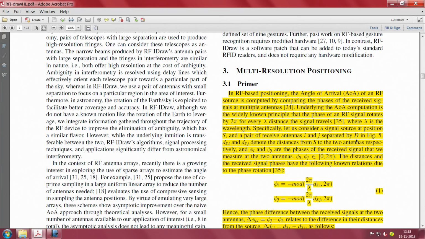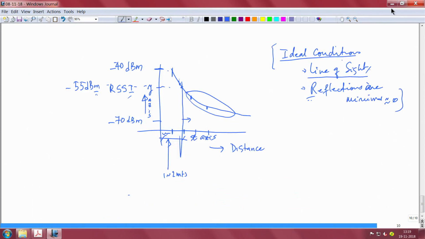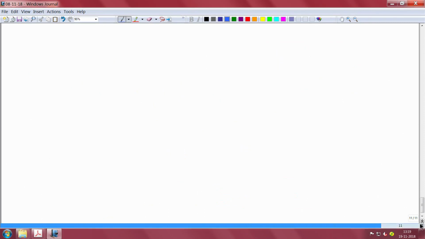This paper is looking at the underlying assumption of the computation of angle of arrival, using the rotation of the RF signal by 2 pi for every lambda distance. This is not hard for you to imagine. Let me take a new sheet to explain this.